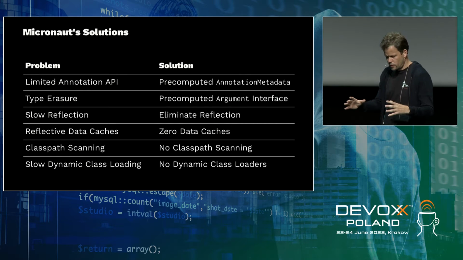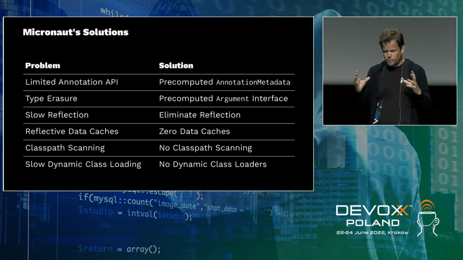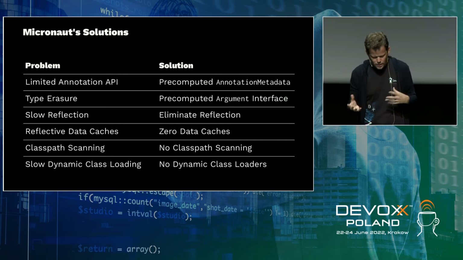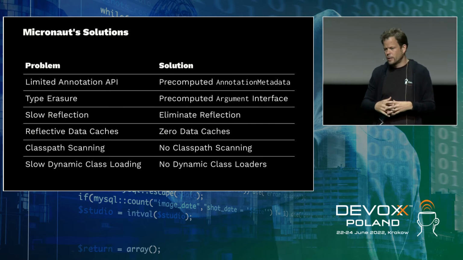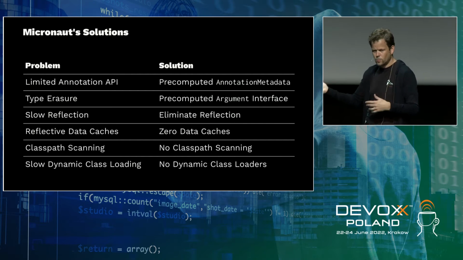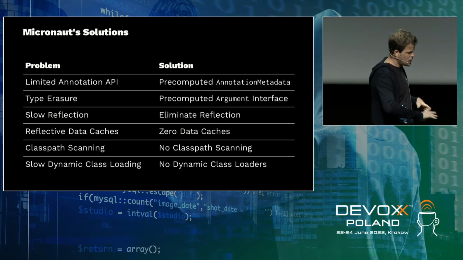Maybe that's confusing for you, but basically it's the representation of the annotations, fusing together repeatable annotations, annotations inherited from superclasses, so that we don't have to scan the class hierarchy or the interfaces that the class implements to figure out what's annotated with what. And it all just gets computed at build time. So we don't have to do any of that scanning at runtime.